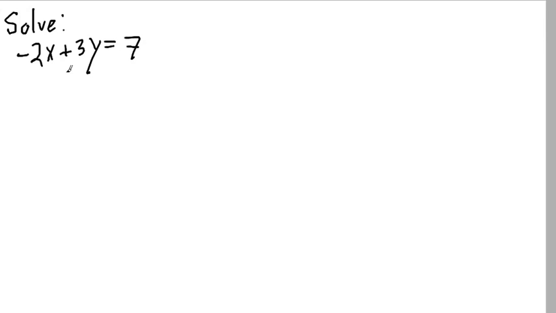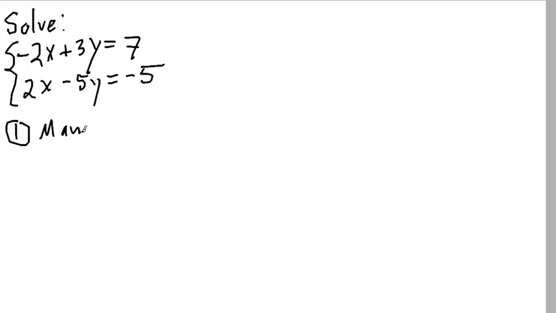So I've got negative 2x plus 3y is equal to 7, and my other equation is 2x minus 5y is equal to negative 5. My first step here really is to manipulate, but here we're going to skip that. So I'm just going to cross that off because we don't have to do that.